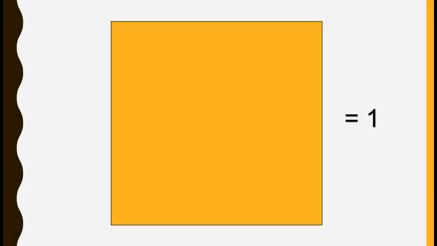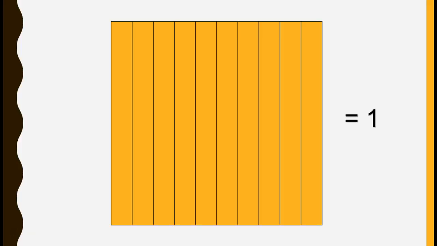If you want to pretend it's a cracker, it's completely whole, 1 whole cracker, okay? And then I'm going to cut it into 10 pieces, but it is still 1 cracker. It's all there. None of it's missing. So then if you start to actually give part of your cracker away and you have just a part of it left, that's when we're going to start using our fractions or our decimals, because that's how you talk about parts of a whole.